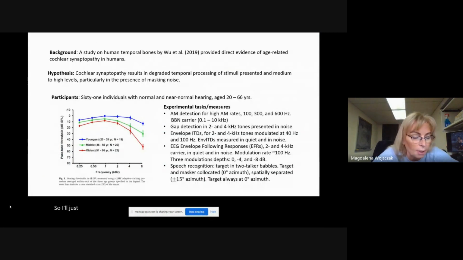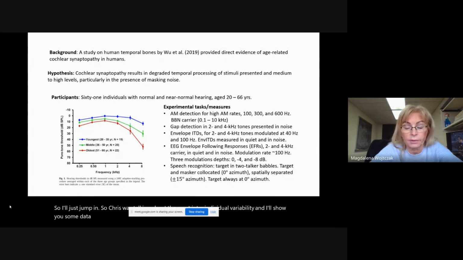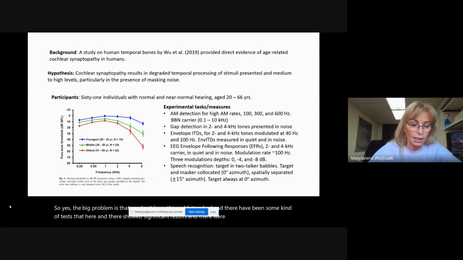So Chris was talking about the great inter-individual variability, and I'll show you some data that speaks to that. So yes, the big problem is that we don't have this gold standard, and there have been some tests that here and there showed significant results, and they were consistent with what we see in animal studies.